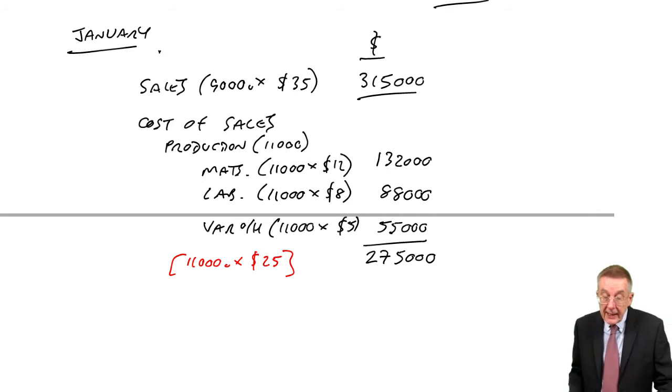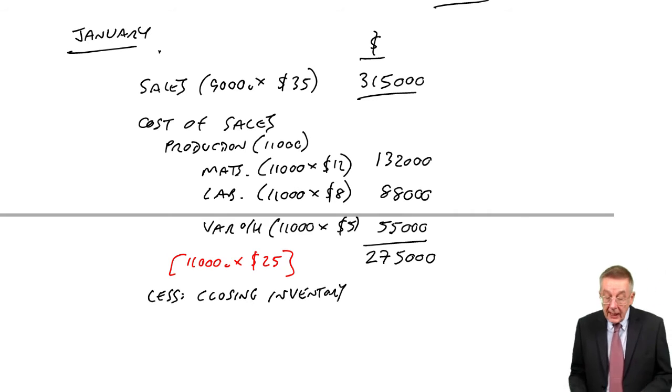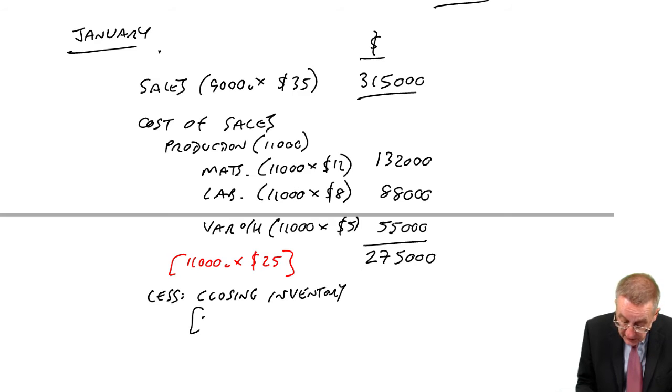However, that's the cost of the 11,000 produced. To get the cost of the 9,000 sold, we subtract the closing inventory. If we produce 11 and only sell 9, we've 2,000 left in inventory.